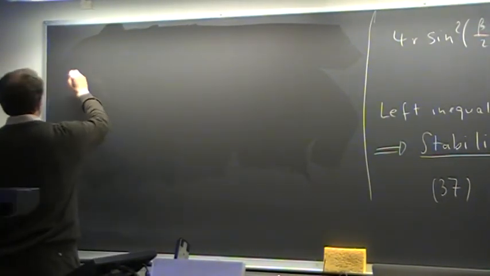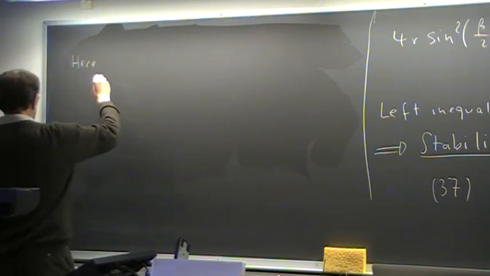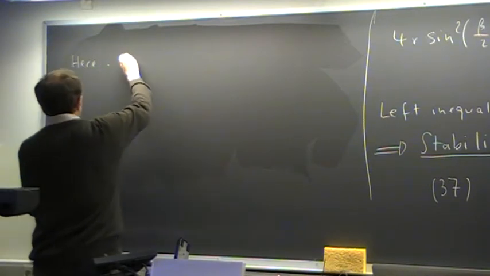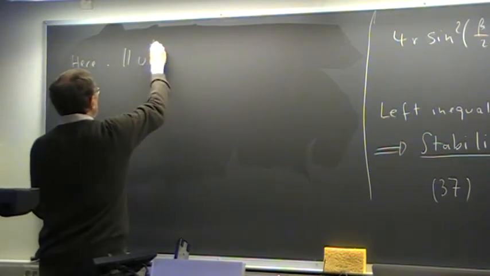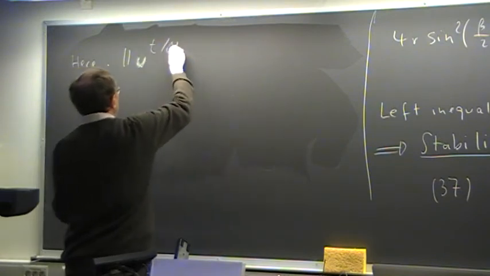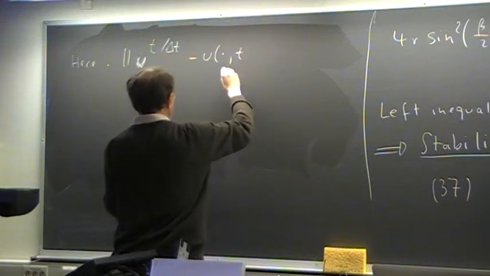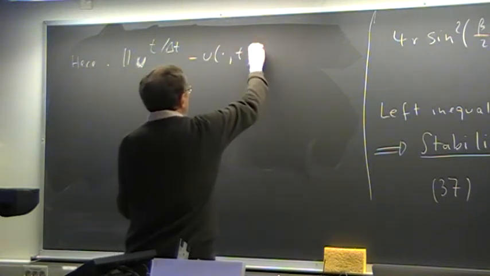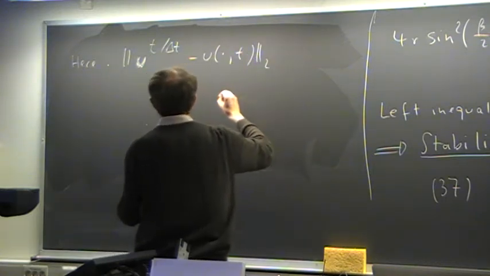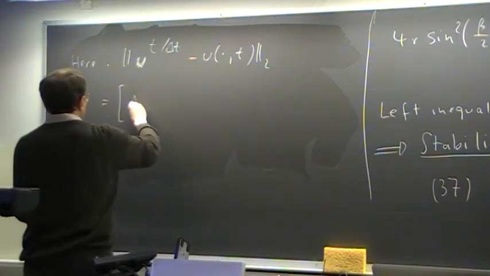So we have here the norm of U, of this numerical solution, and here we have the U of the point t, 2 norm, that is equal to the 2 norm.